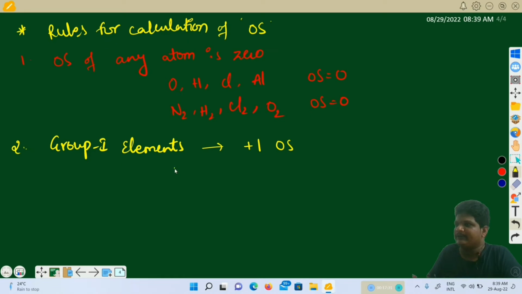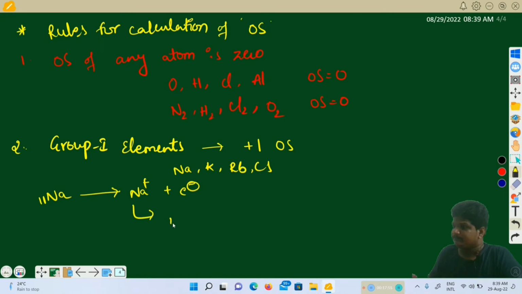For example, sodium, potassium, rubidium, cesium. Francium is a radioactive element, so we can ignore that one. If you consider sodium, which has atomic number 11, it gives the Na plus ion by the removal of 1 electron.